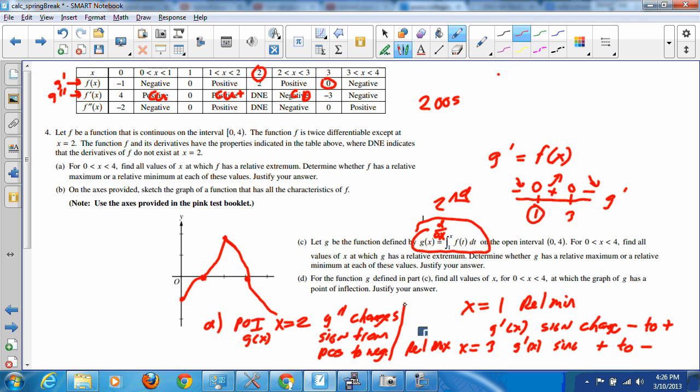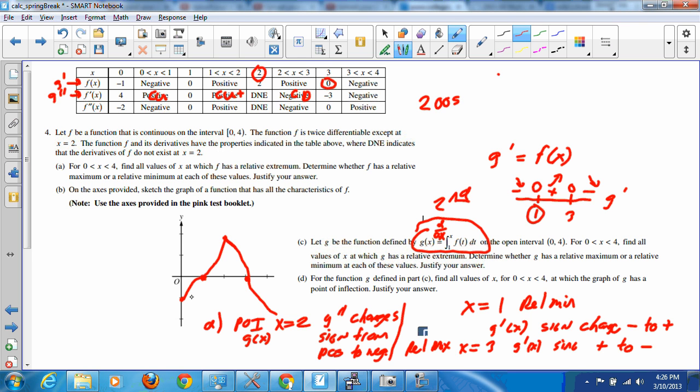So this problem, you can see, tests your ability to interpret what the derivative means. For the first derivative, it tells us whether the function is increasing or decreasing, and when we have a relative max or a relative min. And then for part B, we had to sketch it, so we had to use our second derivative for f to see whether it's concave up or concave down.